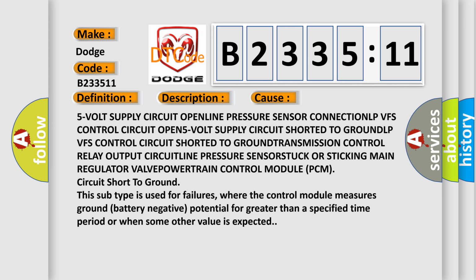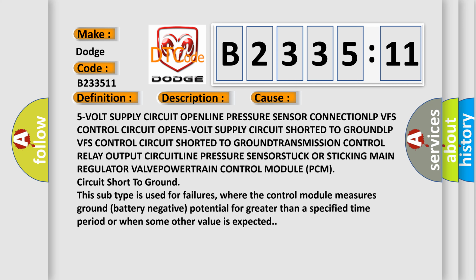This diagnostic error occurs most often in these cases: 5 VOLT supply circuit OPEN, LINE pressure sensor CONNECTION, LP VFS control circuit OPEN, 5 VOLT supply circuit shorted to GROUND, LP VFS control circuit shorted to GROUND, TRANSMISSION control relay output CIRCUIT, LINE pressure SENSOR STUCK, or sticking main regulator VALVE, POWERTRAIN control module PCM circuit short to ground.